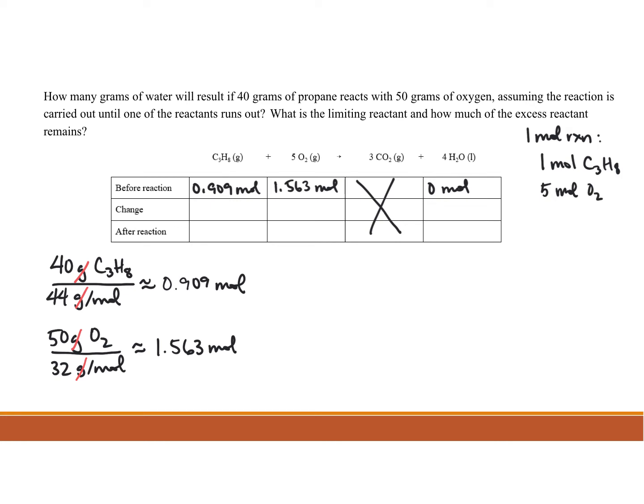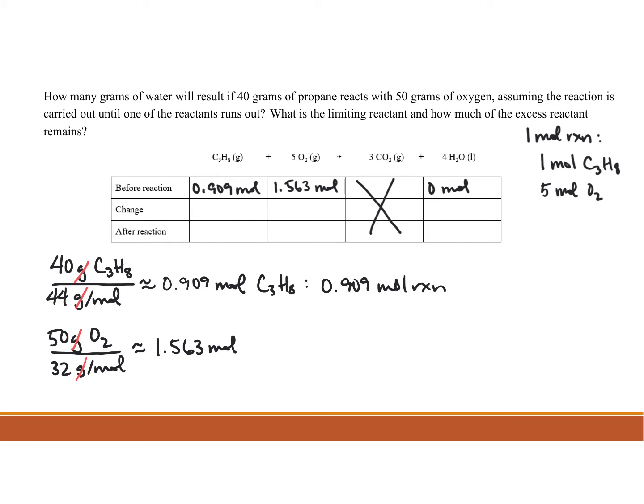So if you have 0.909 moles of C3H8, that also means that you have 0.909 moles of reaction.